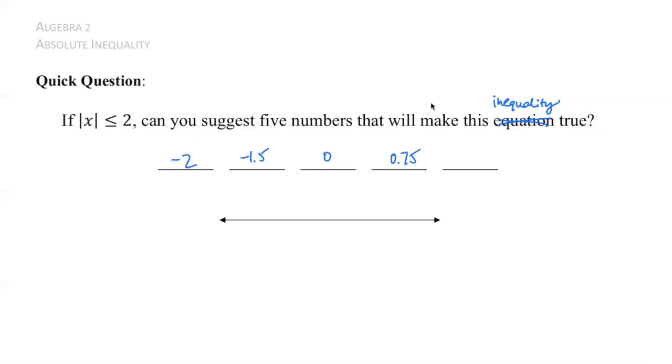And if you go to the other end, you can get a number as big as 2 that would work. Anything bigger than 2 would not work. So if you put in a value anywhere between -2 and 2, that would certainly work just fine.